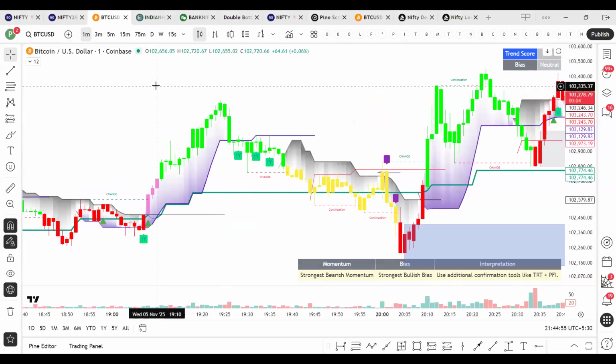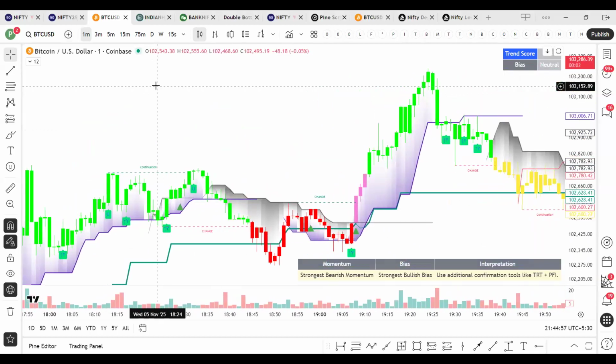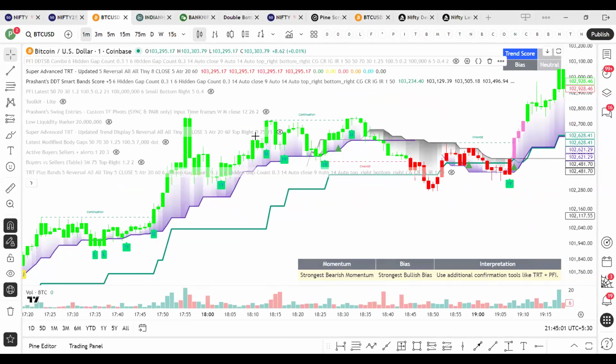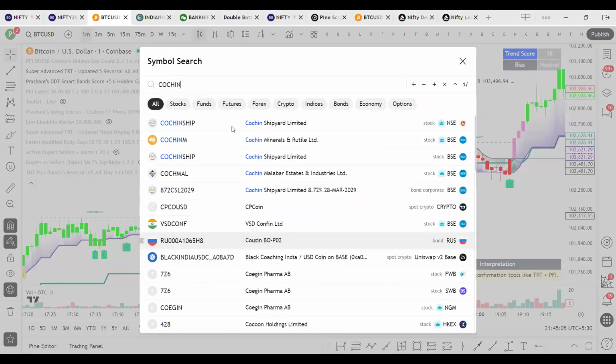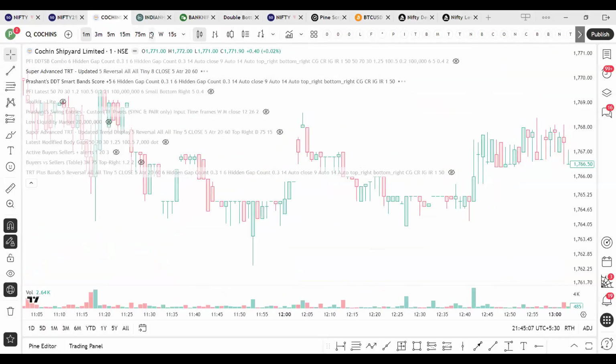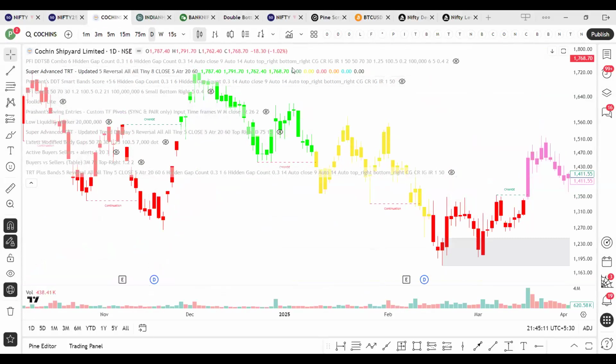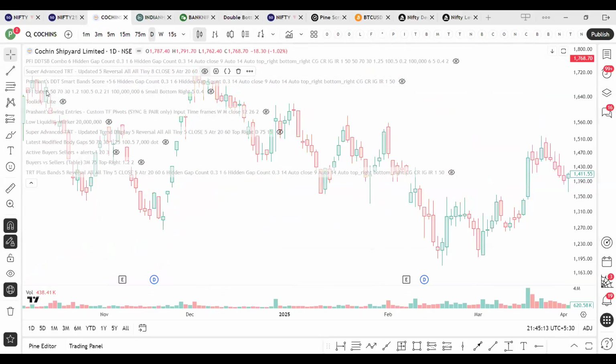Okay. Sir, please tell me something about this PFI. How to use PFI? Yes. So I'll go to a chart example, coaching ship, and I'll check PFI.